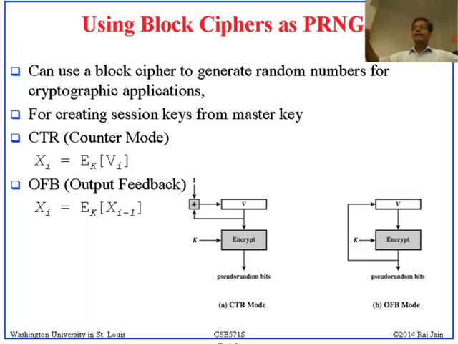Now, the pseudo-random stream can be regenerated at the destination if they know the initial value of the counter and the key. If they know what? The initial value of the counter and the key.